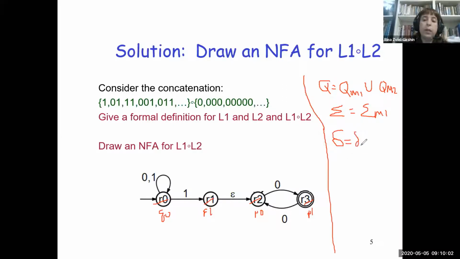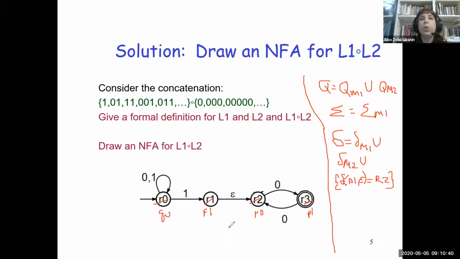So I will start from delta M1 union with delta M2, because I'm keeping all the transitions that we had, and also I'm adding, with union, a new transition from the state R1, which was an accepting state, with epsilon transition. I'm moving to the state R2 in this automaton. This is an additional transition that I added here.